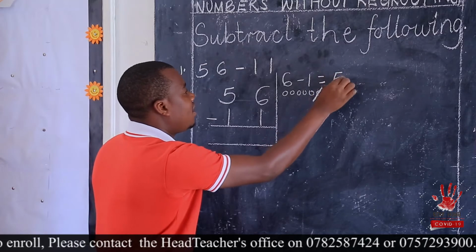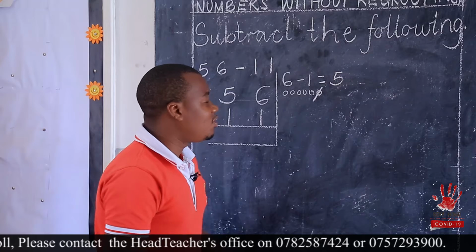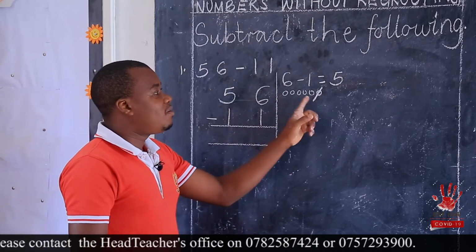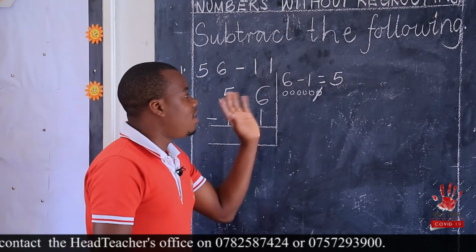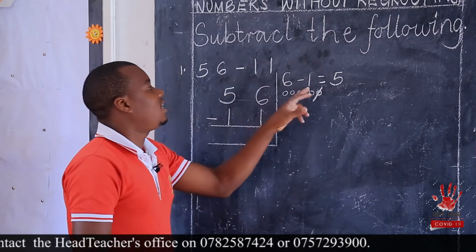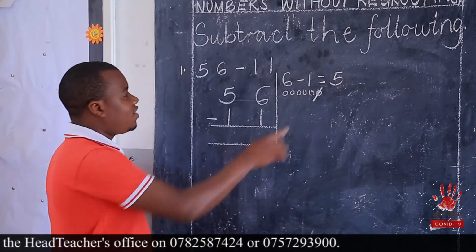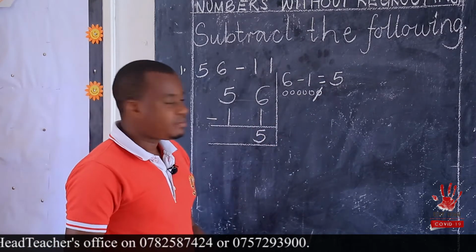So my answer here is 5. For those very good children who say, I don't want to get a wrong answer, so I better draw and remove well. For those who say, even if I don't draw I can say 6 take away 1 is 5, that one is also okay. So after getting 5, I'll come and write here 5.